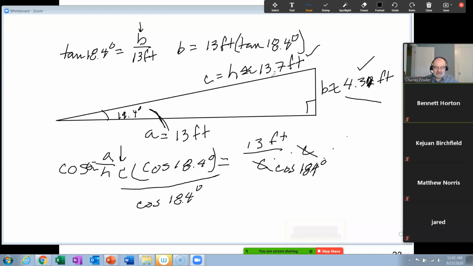I don't know which way you want to do. Would you rather I give you the trig function and you tell me the definition in terms of the names of the sides like we were doing, opposite, adjacent, and hypotenuse, or I give you the definition and you tell me which function?